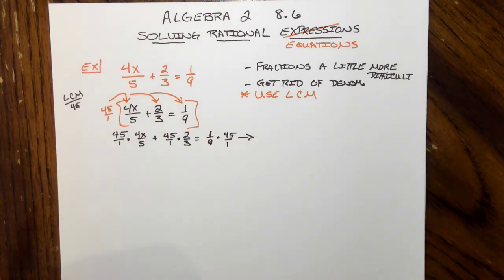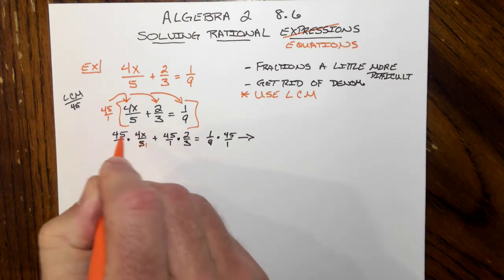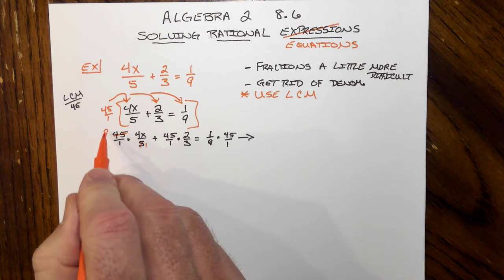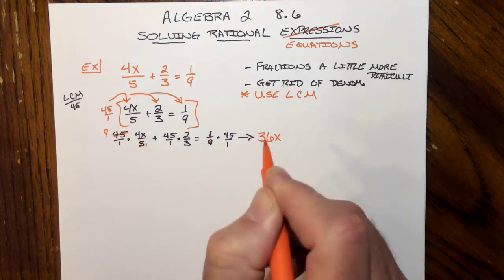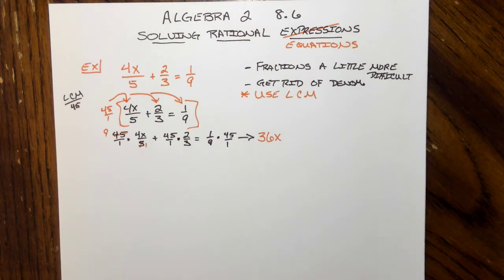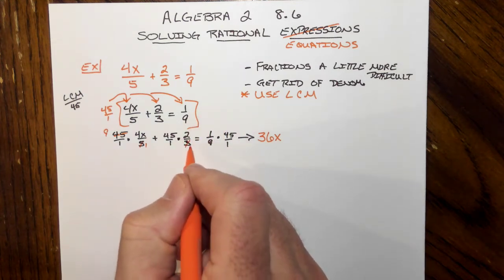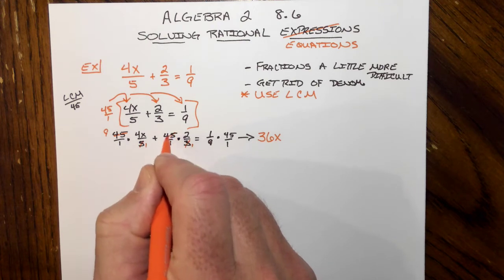What's all this going to yield? Glad you asked. We can cross reduce. 5 becomes 1. 9 times 4x gives us 36x.